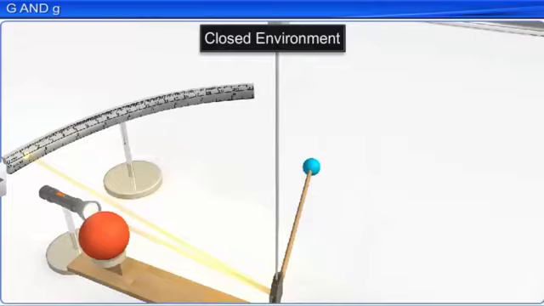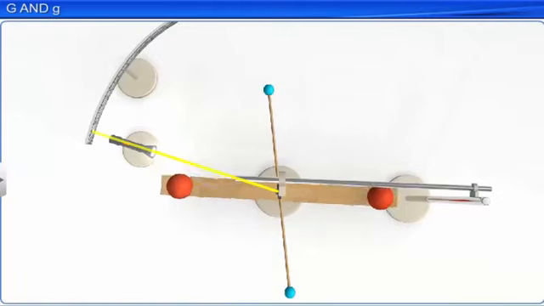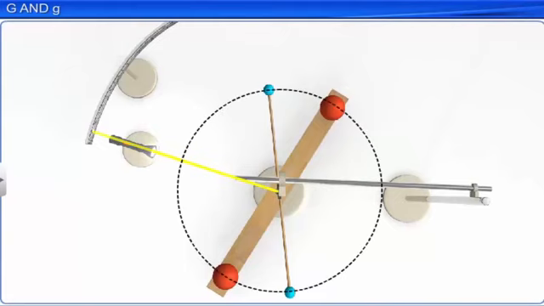The other two larger metallic spheres are brought from a distance close to the smaller spheres. They are placed at an equal distance on either side of the small spheres so that all the four spheres lie in concentric circles. The gravitational force of attraction between the smaller and the bigger spheres causes the smaller ones to move towards the larger ones.